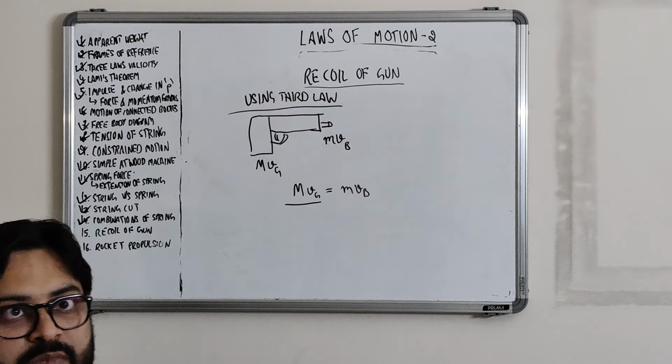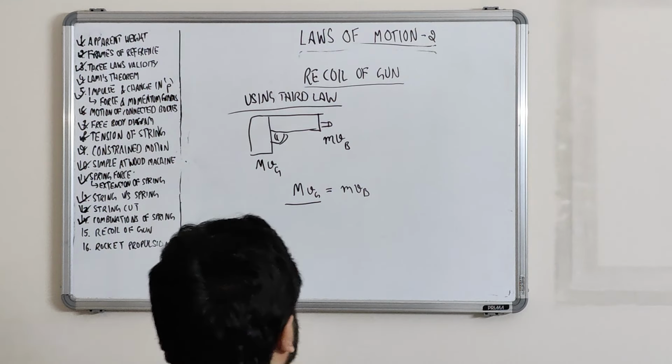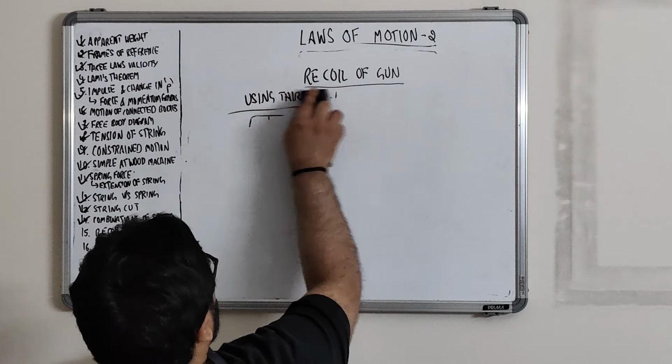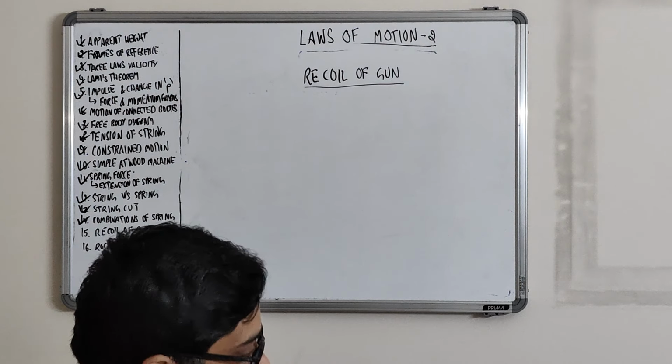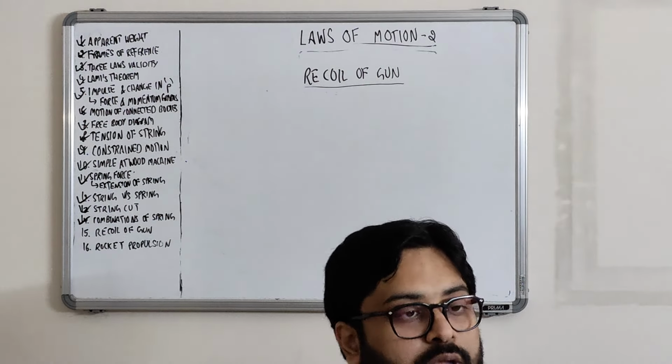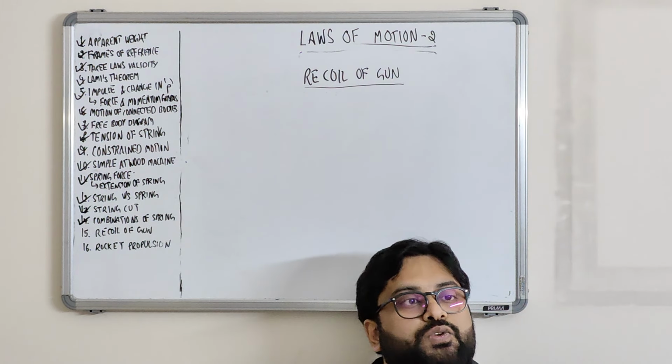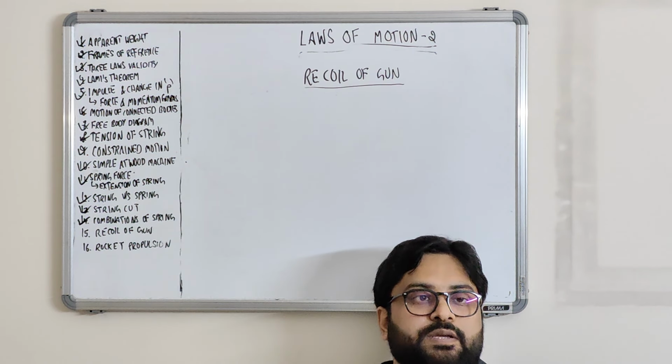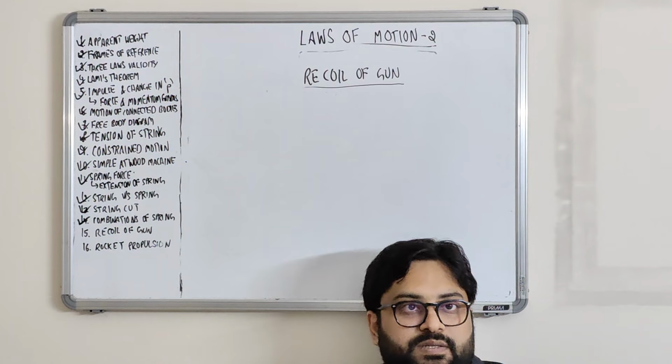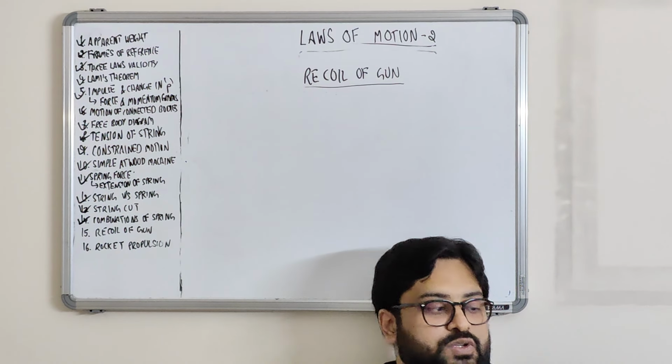That's all, nothing too complicated. So using conservation of linear momentum or third law, you get that. Sometimes they will say velocity of muzzle instead of velocity of bullet.